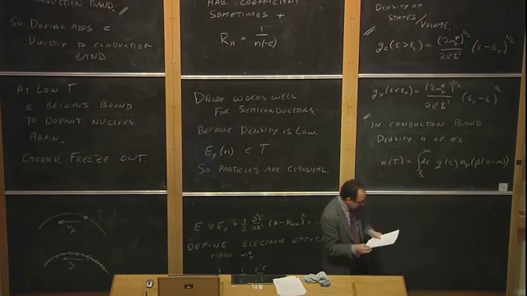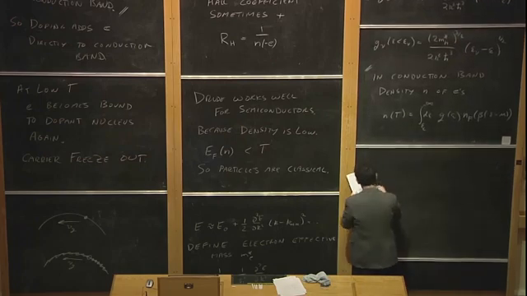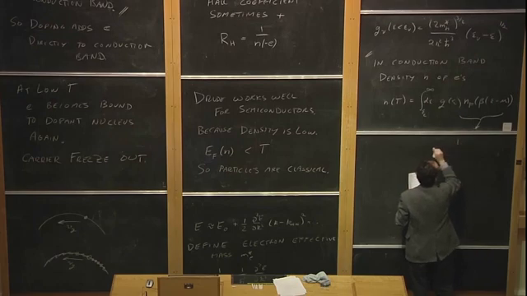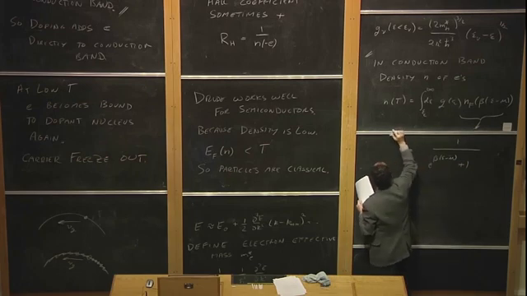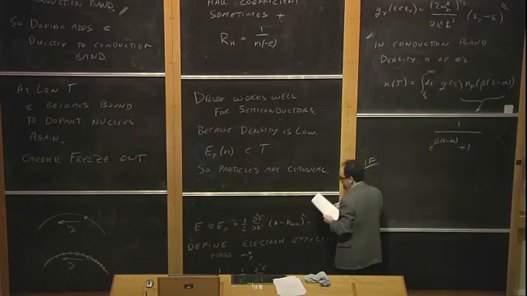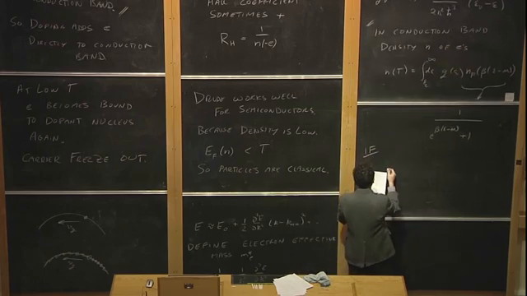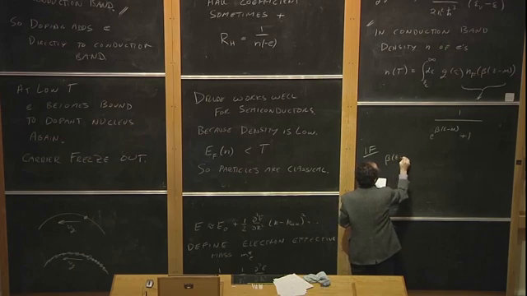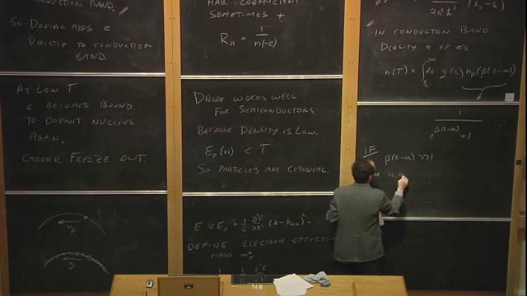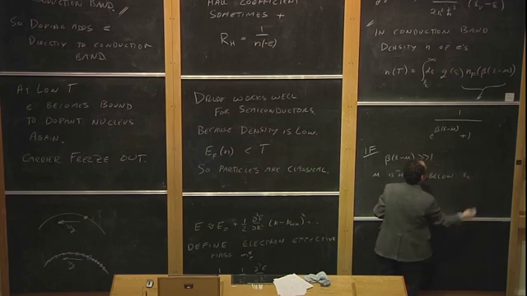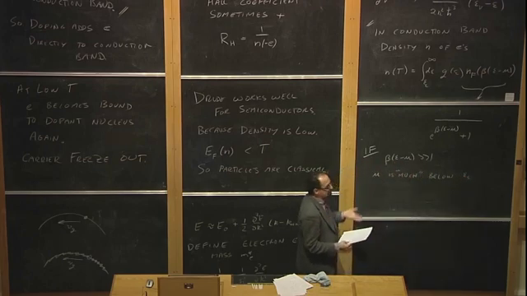Okay? So now let's write out the Fermi function here. The Fermi function is 1 over e to the beta (E minus mu) plus 1. Now if we're at fairly high temperature, or if the density is low, or strictly speaking, what we need is beta (E minus mu) much greater than 1. This means that mu is much below EC, meaning below by at least the amount of the temperature.